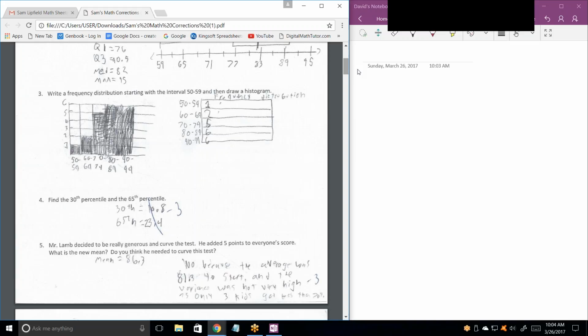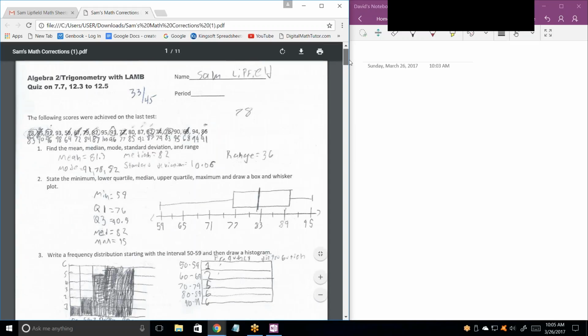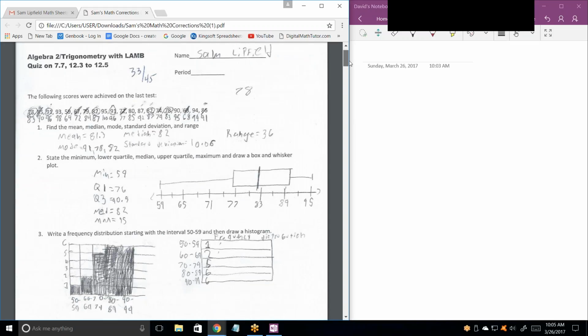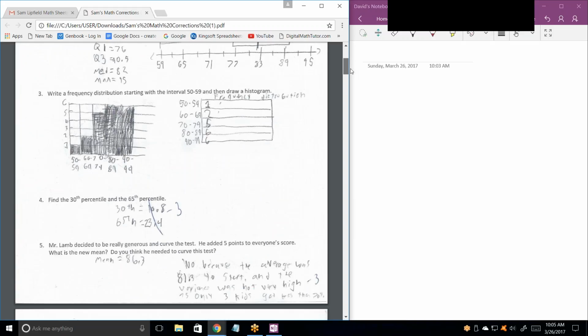Well, I'm not sure. Let me look at this. First of all, is this all the same problem? Let's see. The following scores. Yeah, okay. So he gave a test and we're just looking at it.